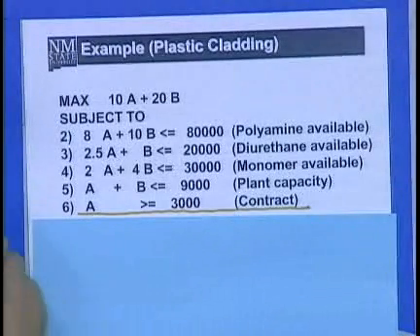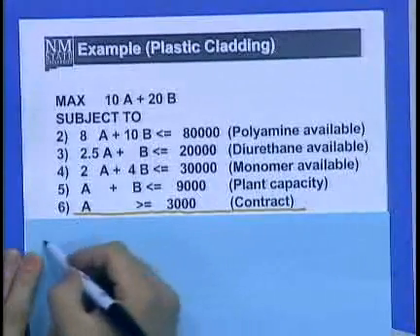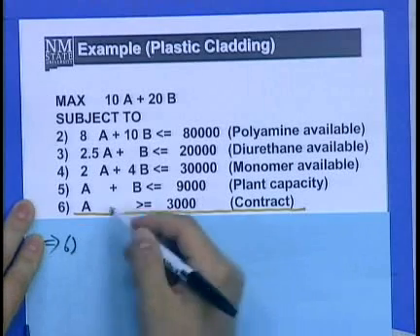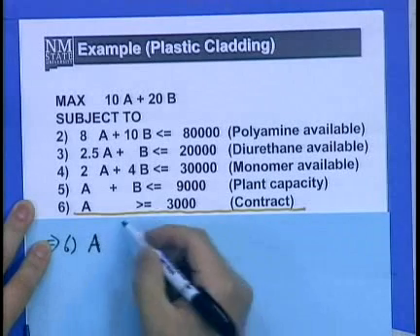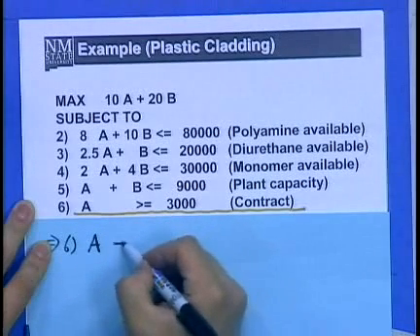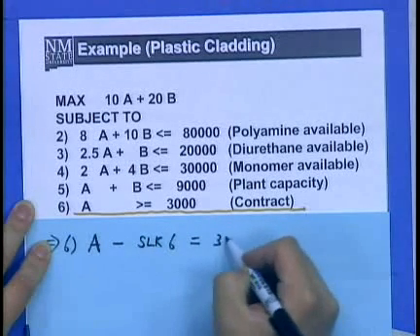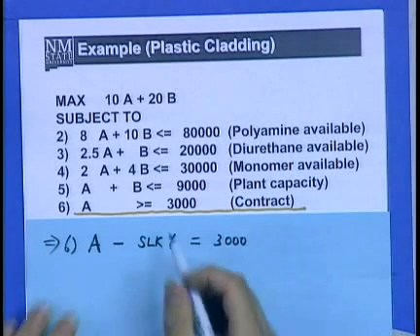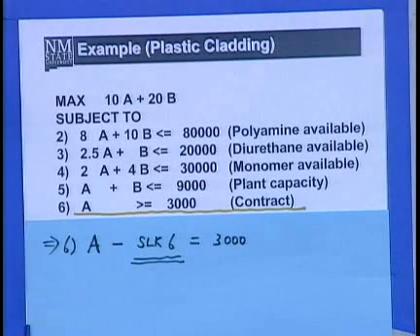So by introducing a surplus variable at this time, because we have a greater than or equal sign, we will obtain the equality constraint, A minus surplus 6 equals 3,000. Is that right? What is surplus 6? There is an excess amount of delivery, right?